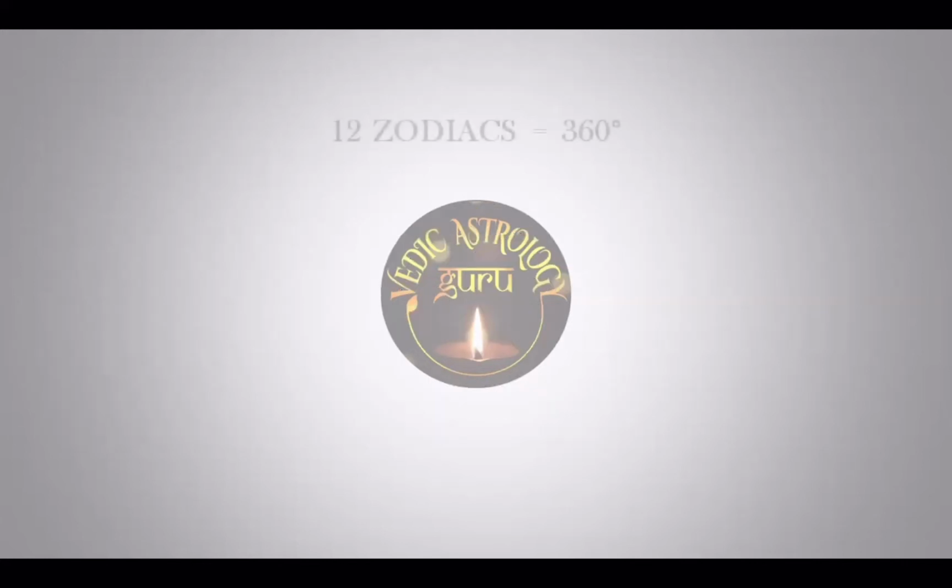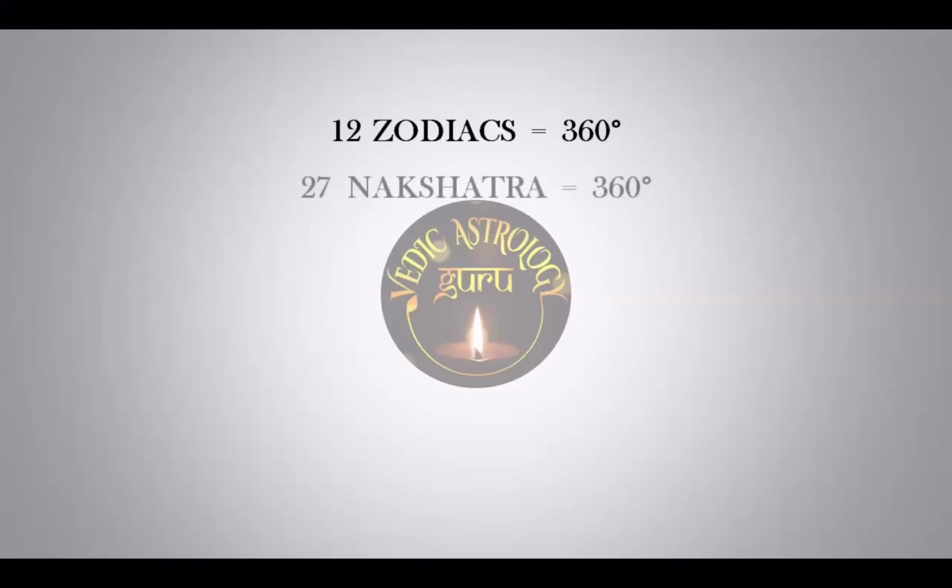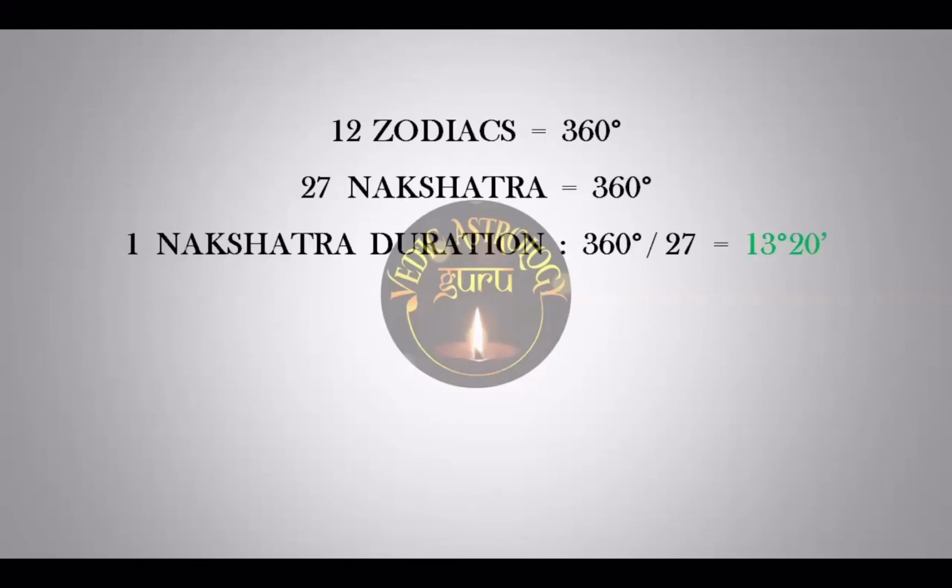We'll move further. Now we already know that 12 zodiacs comprise 360 degrees in a circle. The same way, 27 nakshatras are also equal to 360 degrees. If we divide 360 degrees by 27, the duration for one nakshatra is 13 degrees and 20 minutes.